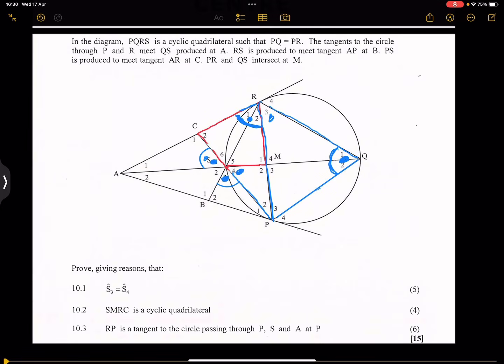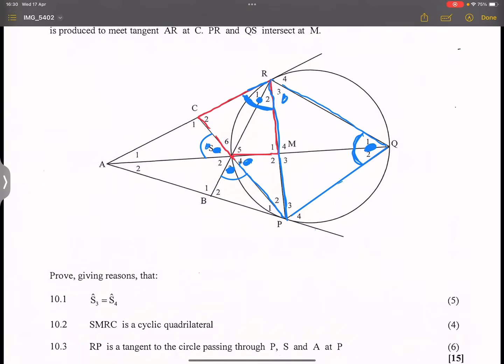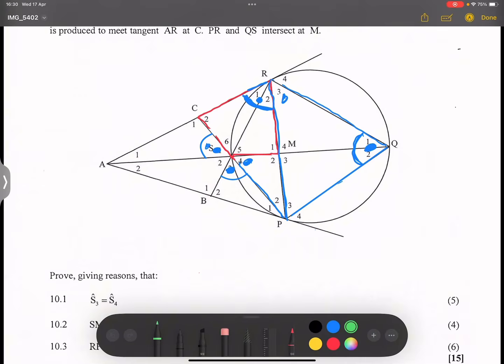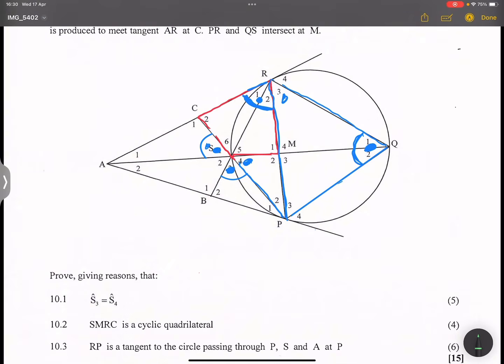Now remember, guys, that tangents from the same point are equal, isn't it? So if you look at this, AP is equal to AR. That makes triangle ARP an isosceles triangle. And guess what?